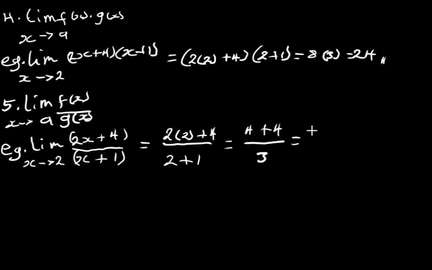So we are going to get 8 at the numerator, then 3 at the denominator. So this is going to be our final answer. We can go further and deduce it into decimal form, but I prefer we leave it in the fraction form so that you can get an accurate answer. So 8 over 3.